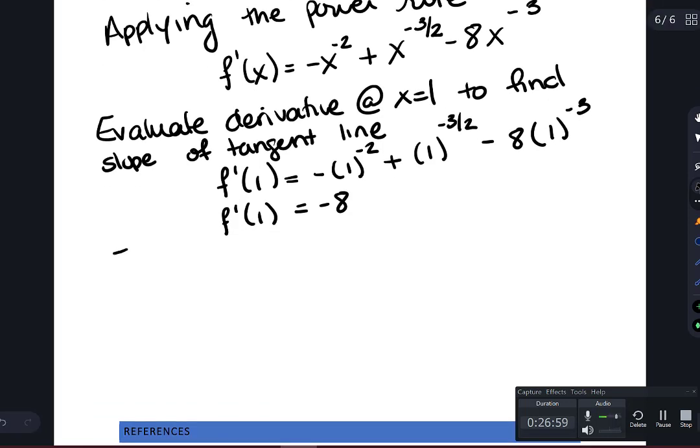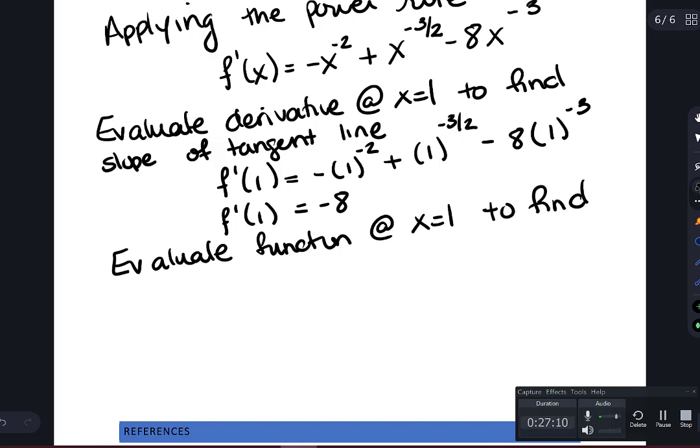And then we're going to evaluate the function at 1, and this is to help me find a point the tangent line passes through.